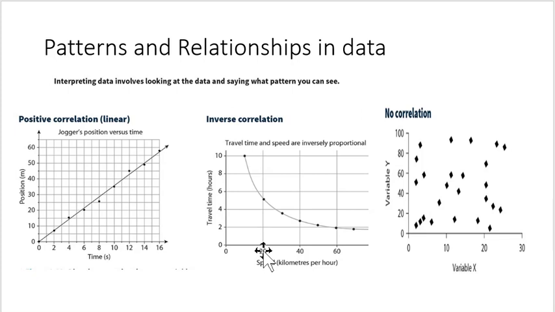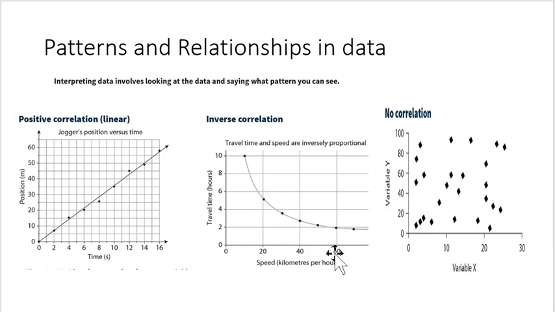So what does that mean? It means the faster you travel, the less amount of time it will take for you to get to your destination. For example, we can see here that if we travel at 20 kilometers per hour, it takes roughly about 5 hours to get to the particular location, whatever this location is.